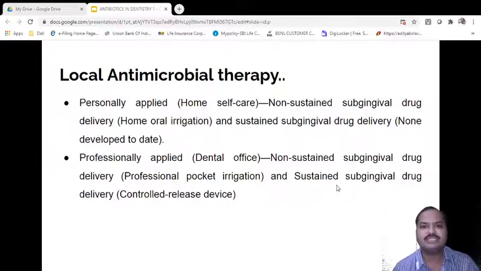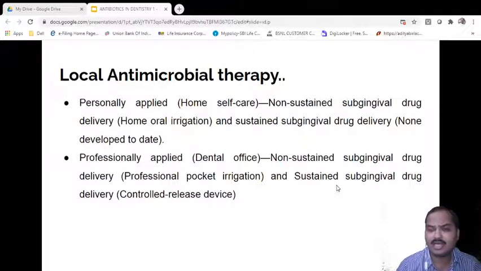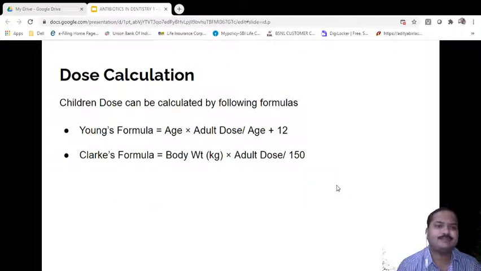The drugs which have been utilized as antimicrobial agents are chlorhexidine, povidone iodines, various chloramines, and amine fluoride gels. These have been utilized for the various personal and professional therapies.